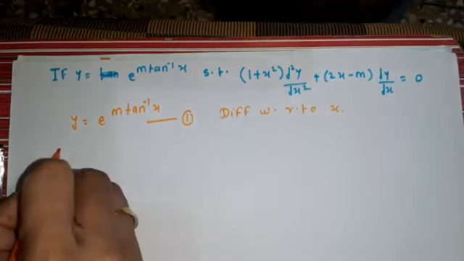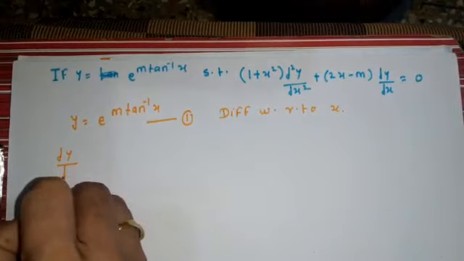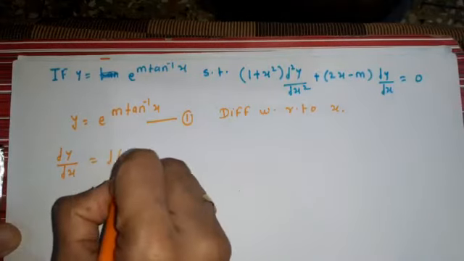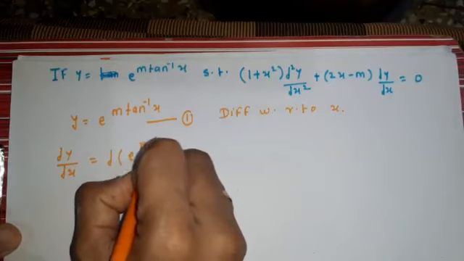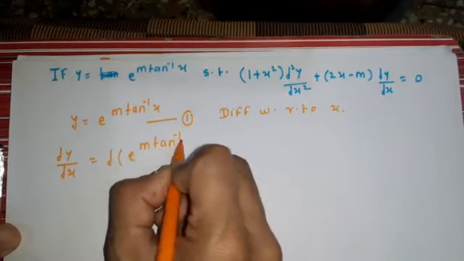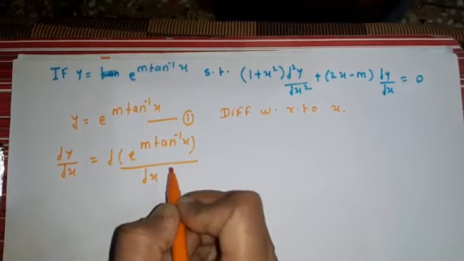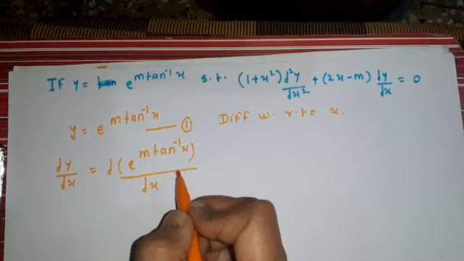We get dy by dx equal to the differentiation of e raised to m tan inverse of x with respect to x.